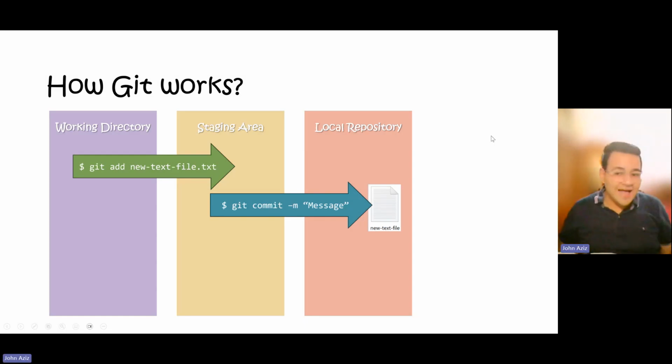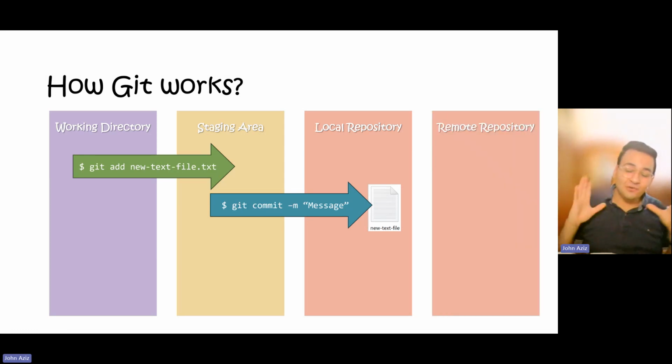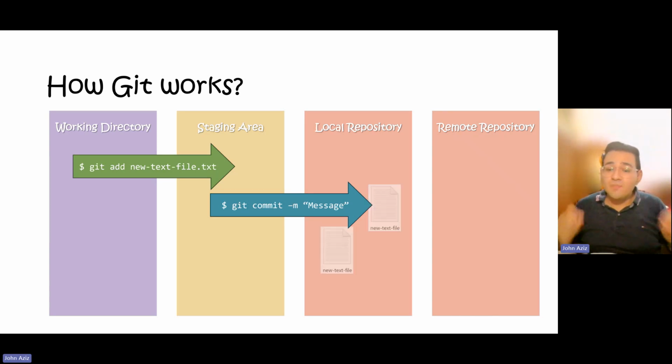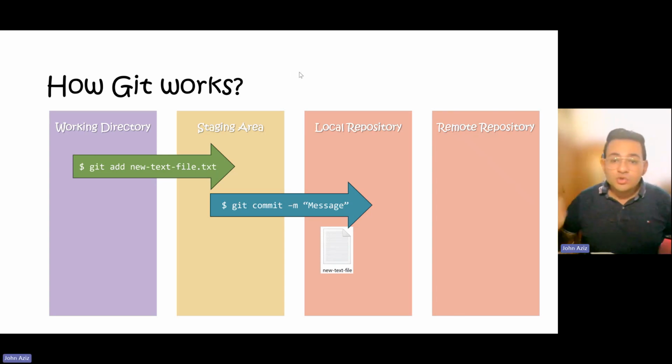So again, how Git works, but now with GitHub. There is something new that has been introduced to us, which is the remote repository. The remote repository, which is in our case GitHub, can be used to host our code online.